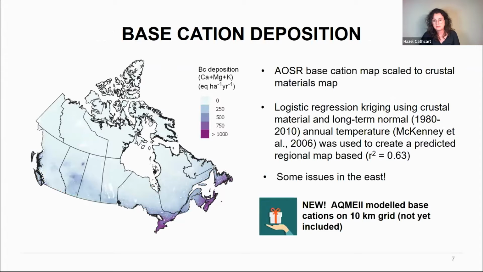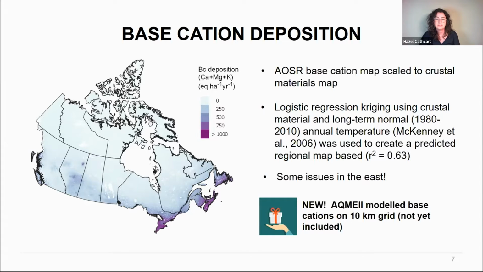When I started this work, there wasn't a Canada-wide base cation deposition map. So I used a local version of that map made for the Athabasca oil sands region, and a wider crustal materials map to create a relationship between the two, including temperature and precipitation.